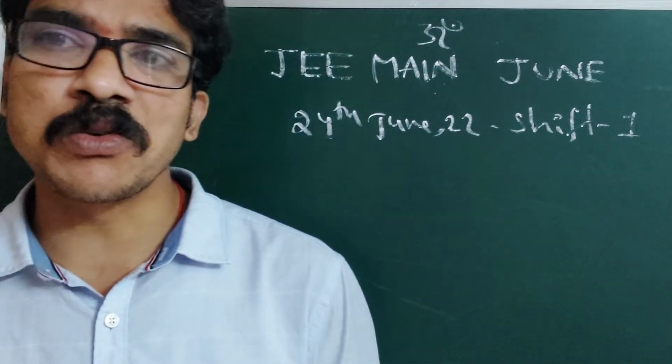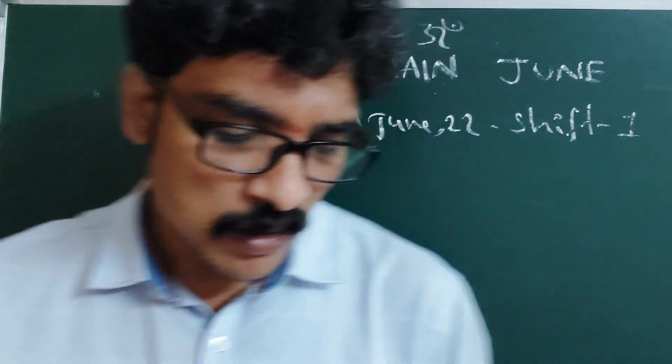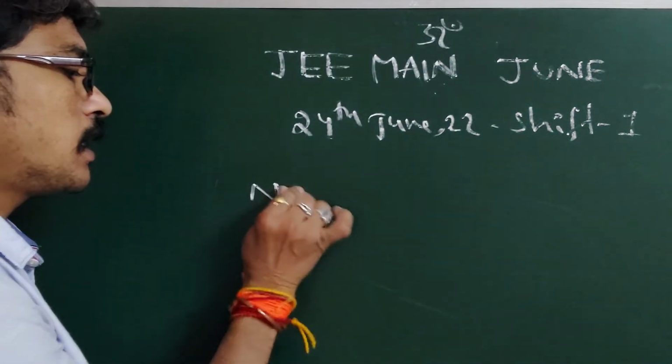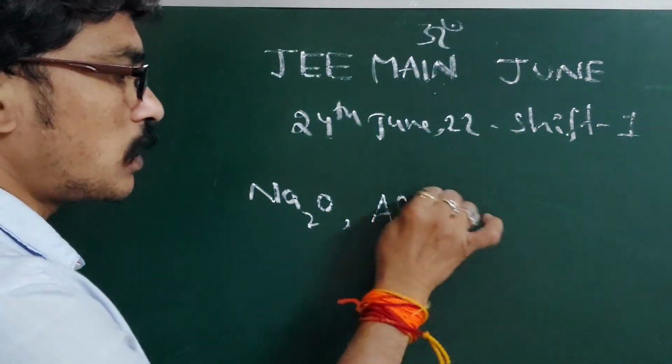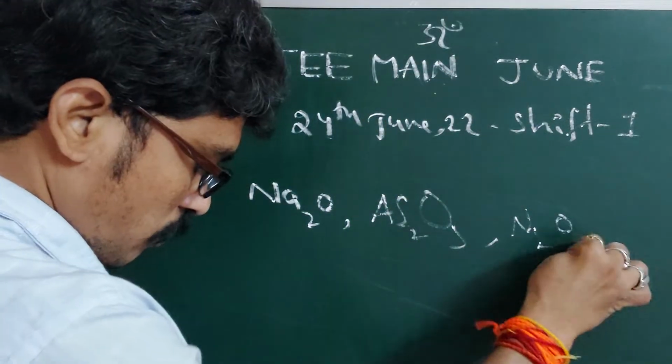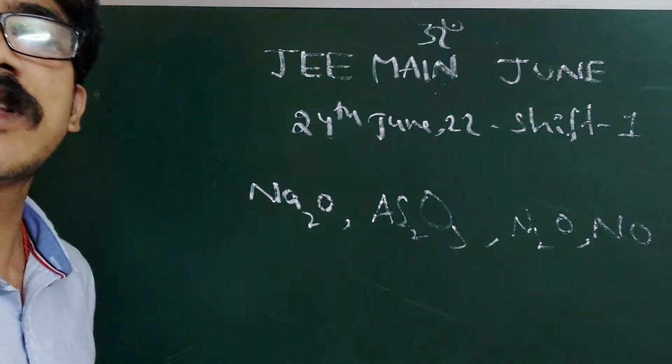This is a very important question. Actually, the given oxides are Na2O, arsenic oxide As2O3, N2O and NO.